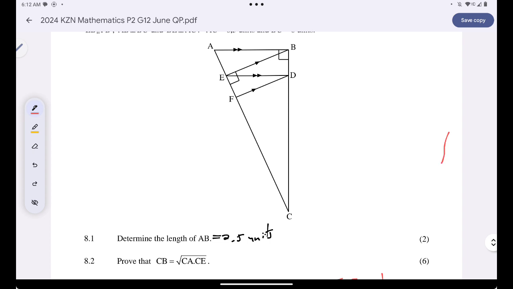Okay, they want me to find the length of EF, right?